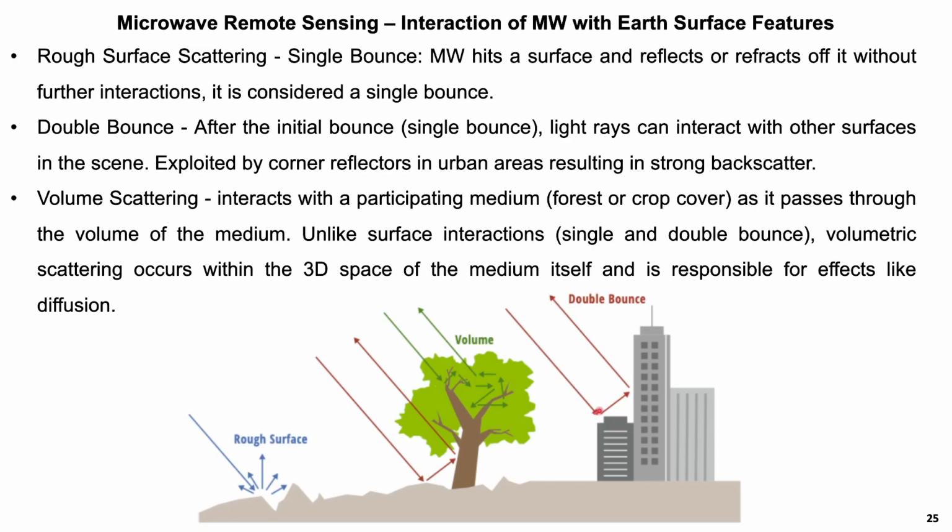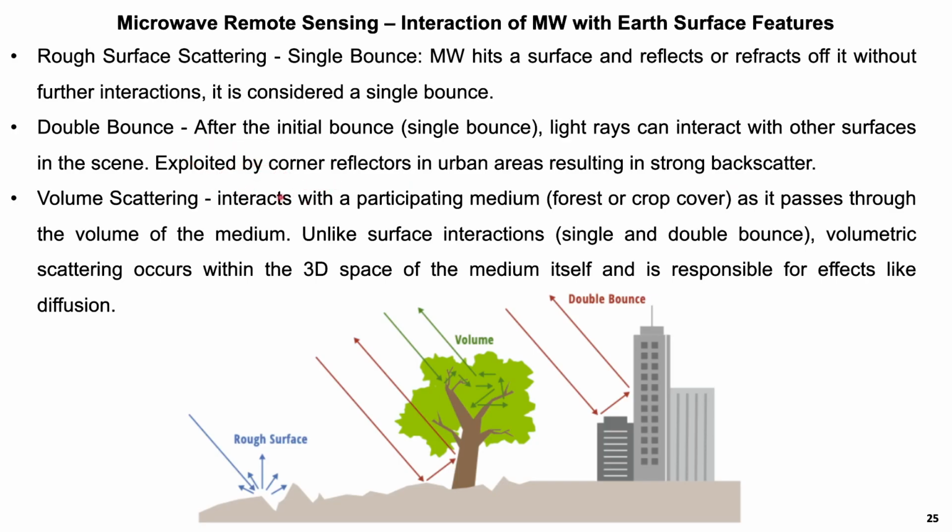So your source is being illuminated by the incoming radiation for a little longer time, and because of this you will have a very strong backscatter, and your images in such a mechanism will appear very bright.